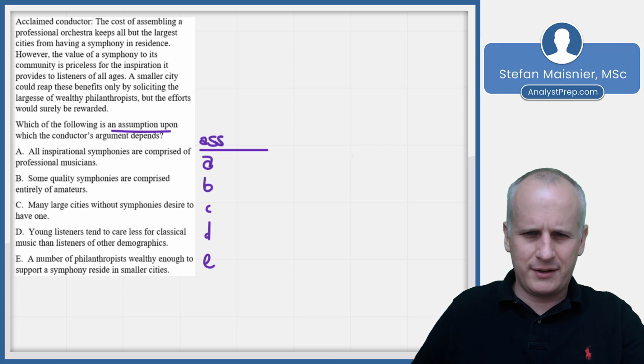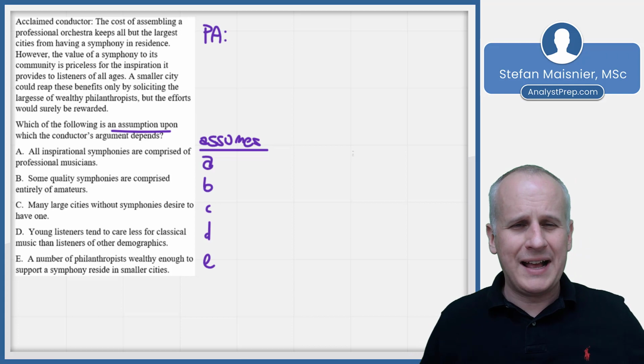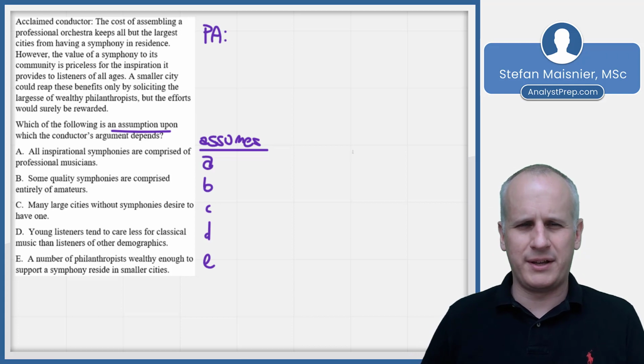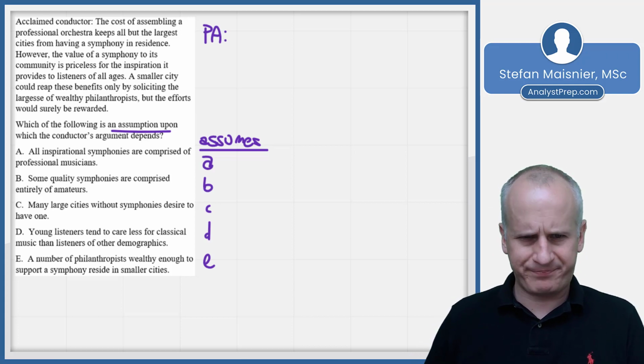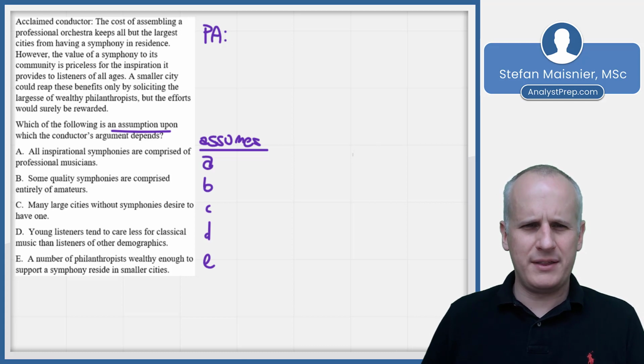So you can just write assumes as the task, and I'm going to put PA up here as my predicted assumption place where I'm going to write out my prediction. So starting from the beginning of the prompt, we have an acclaimed conductor stating the cost of assembling a professional orchestra keeps all but the largest cities from having a symphony in residence.